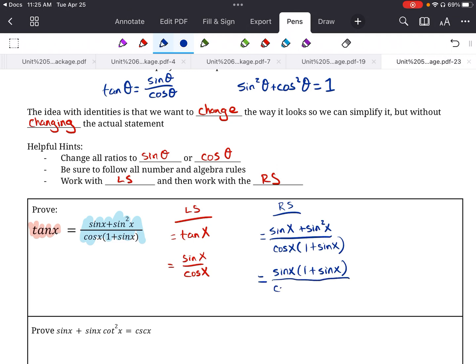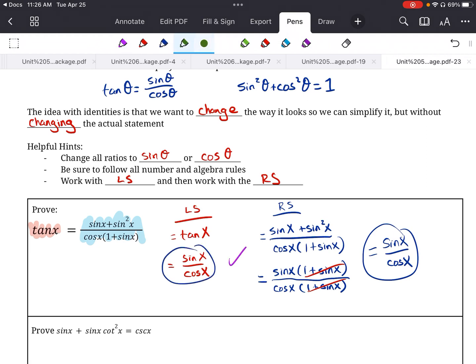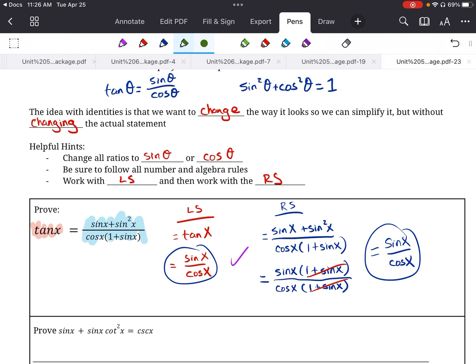And let's leave the denominator alone for now, because now we see that we have similarities on our numerator and our denominator. So we can cross out this 1 plus sine x, and that leaves us with sine x over cos x, which is exactly what we're looking for. Okay, and I'll just make a note. For this step, we common factored.